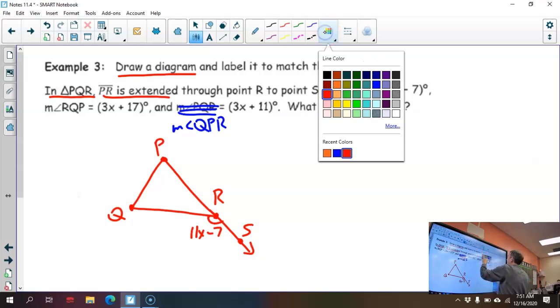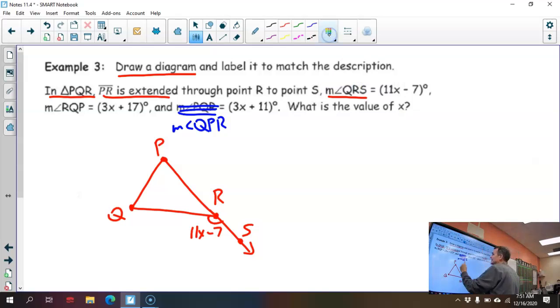It tells me that angle RQP, so that's this angle right here, RQP, yes. That angle is 3x plus 17. And angle QPR, that's this angle up here, that angle is 3x plus 11.